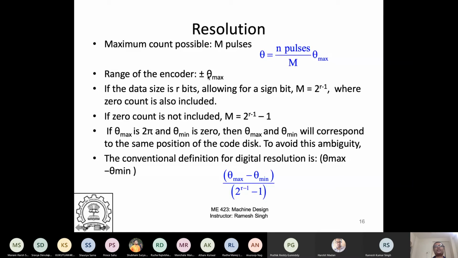The range of the encoder is plus or minus theta max. If the size is r bits, m is 2^r minus 1 when the zero count is included, and if the zero count is not included, m is 2^r minus 1. The conventional definition for resolution is theta max minus theta min divided by 2^r minus 1 minus 1. This is the formula for actual resolution.